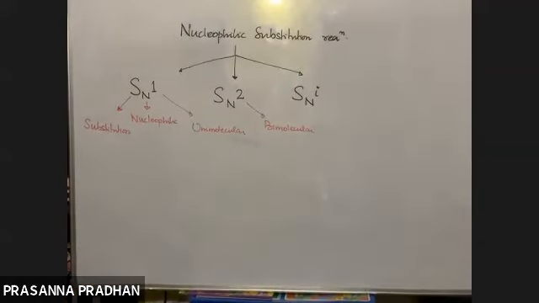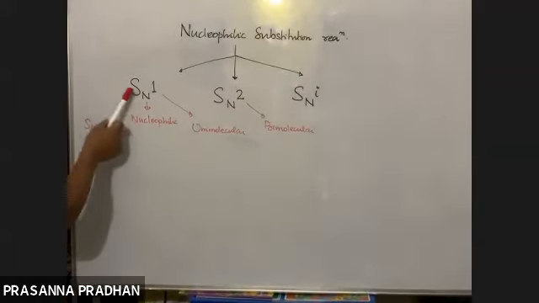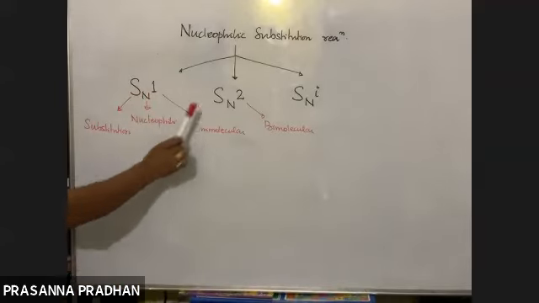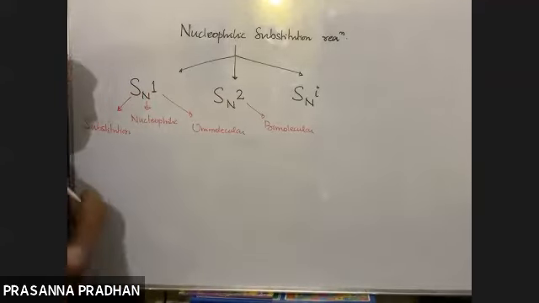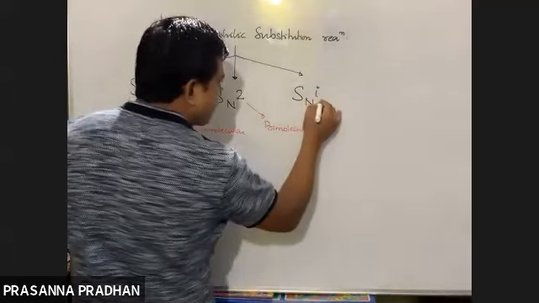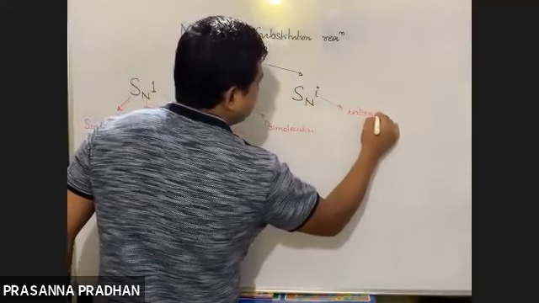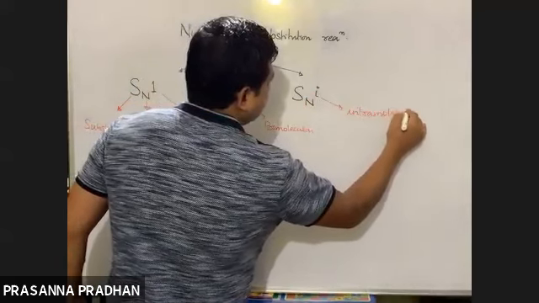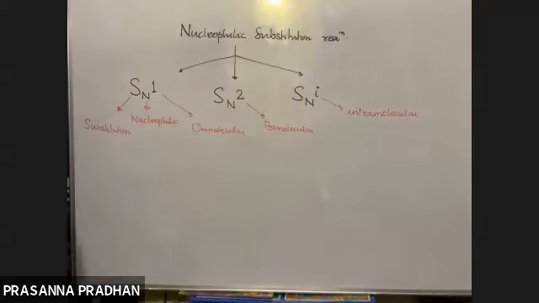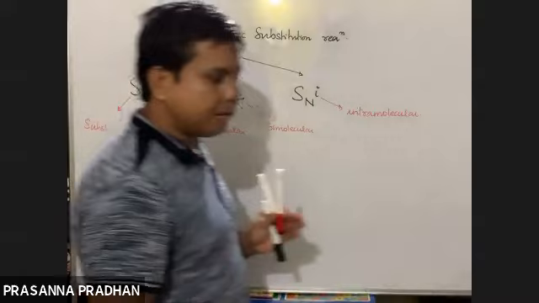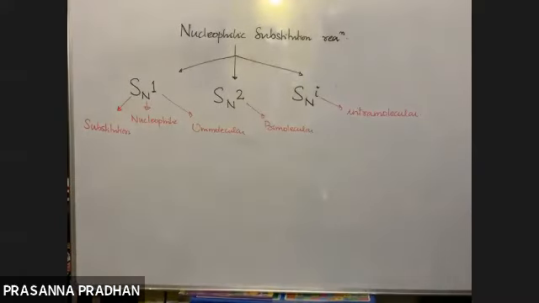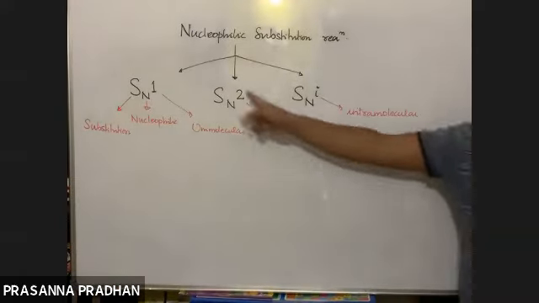So remember, SN1 stands for substitution nucleophilic unimolecular, SN2 for substitution nucleophilic bimolecular, and SNi is known as substitution nucleophilic intramolecular. From here, either from SN1 or SN2, 110% one question will be based upon this topic.